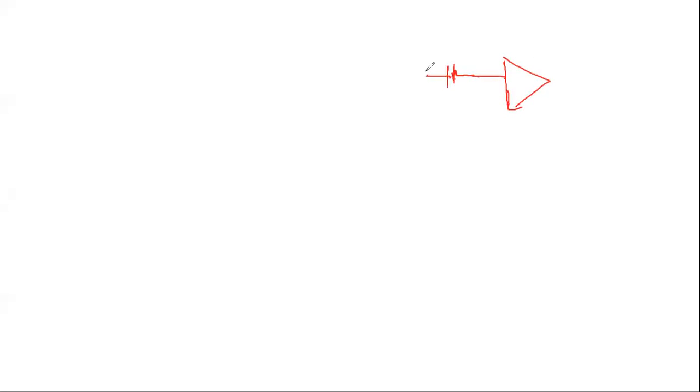I have a capacitor here, a resistor, and a resistor here parallel to a capacitor. So this is C2, R2, R1, C1. This is minus, this is plus, and this is the ground, and this is V out, and this is V in. Now, how can we find H of S? How to start?